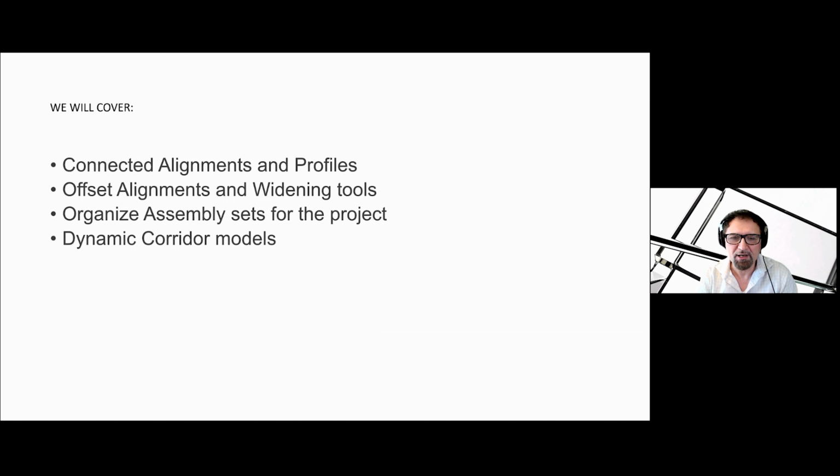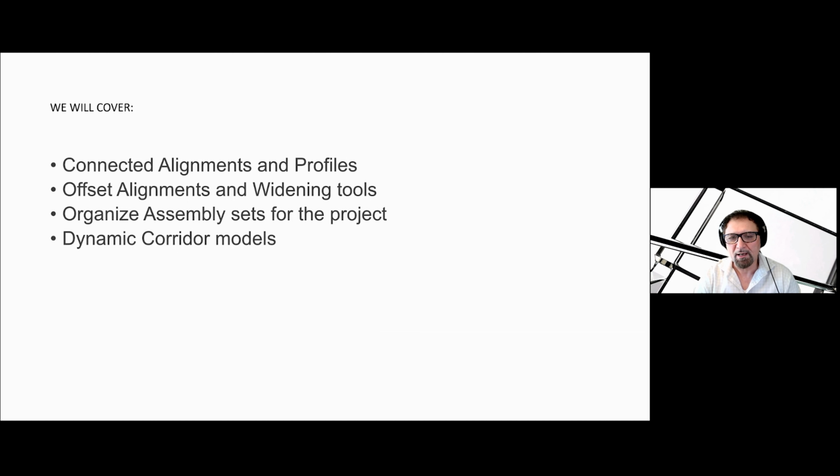This is a fairly complex interchange and roundabout model, so we're going to require an assembly set or a little library of assemblies, also known as typical cross sections for highway design. Then we'll look at the dynamic nature of corridors and put together some fancy 3D models so that you know how to do that yourself.